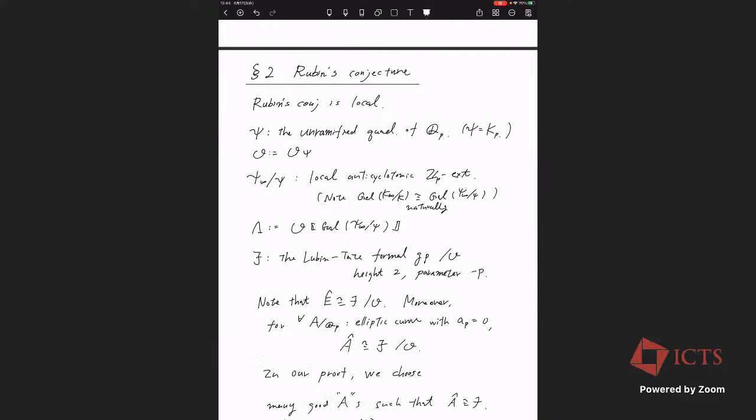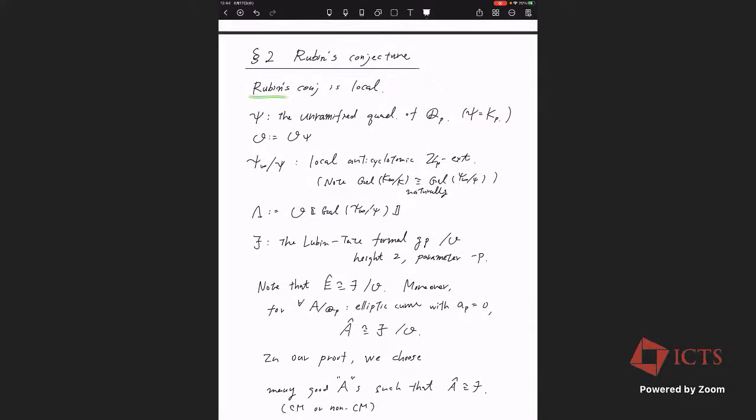Rubin's conjecture is local. So it is for local fields, not a global conjecture. This is an important point. So I switch to local notation. Let Ψ be the unramified quadratic field extension of Q_p. For application, of course, we take Ψ as the p-adic completion of K in the introduction.